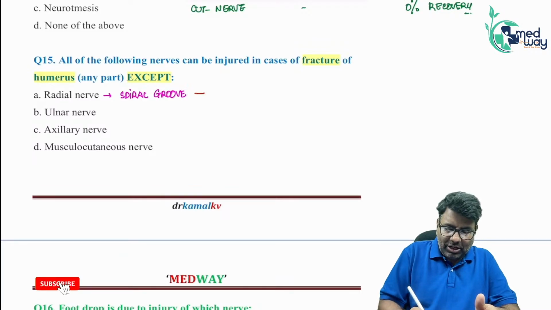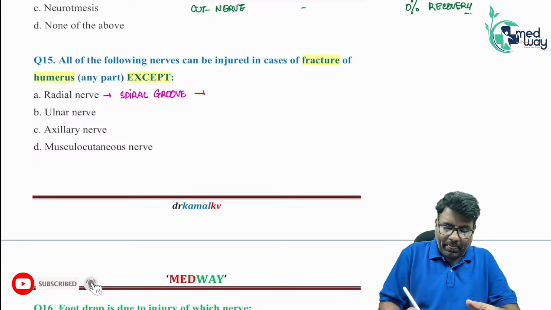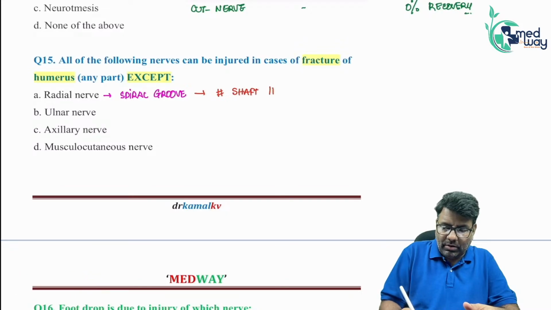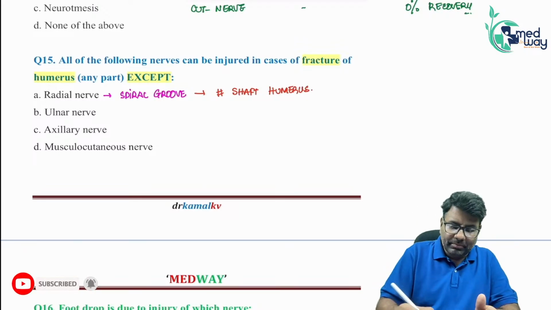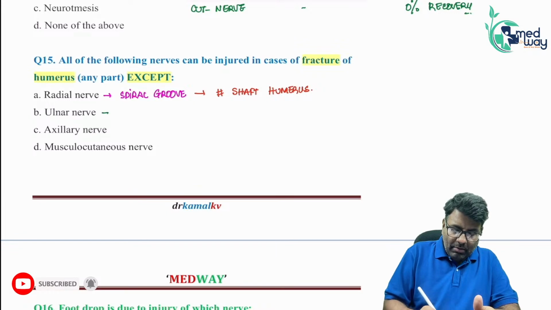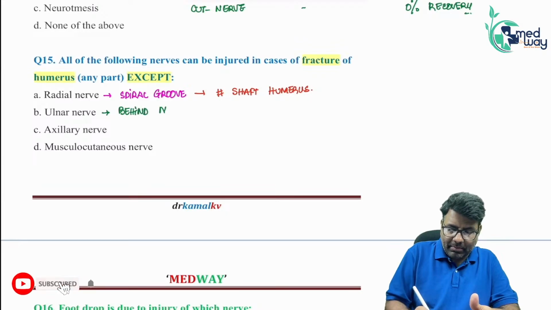So there are chances of injury if there is fracture shaft of humerus. So fracture shaft of humerus can injure the radial nerve. Ulnar nerve passes behind the medial epicondyle.